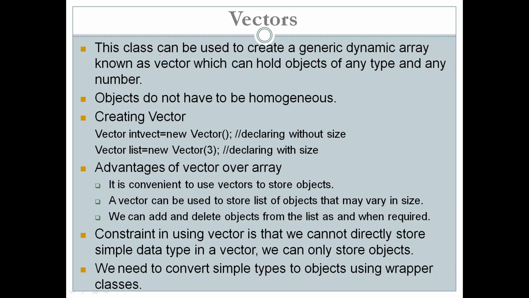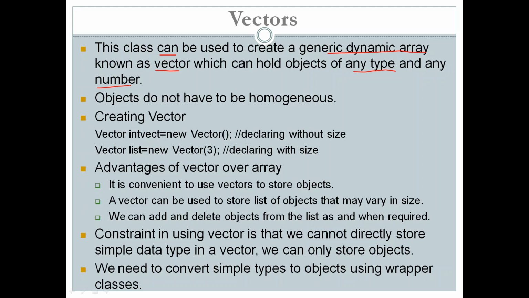The Vector class can be used to create a generic dynamic array, known as a vector, which can hold objects of any type and any number. Remember, this is a dynamic array where elements can be added at any time and the size of a vector can be increased.